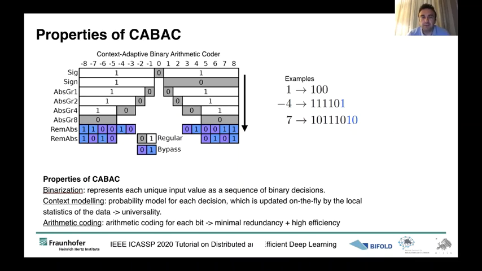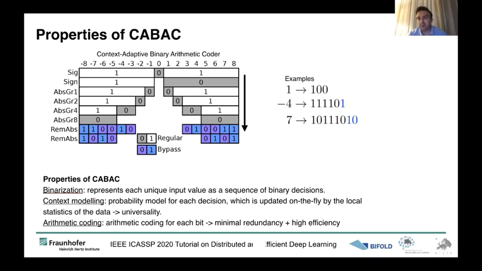And then the third decision you need to make is whether the absolute value is greater than 1. If the absolute value of the number which you want to encode is greater than 1, you set the bit 1, otherwise 0. Since 1 is not greater than 1, it gets a 0, and you are done with the encoding.